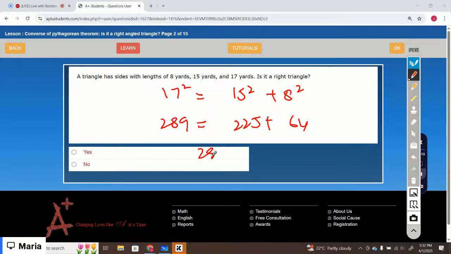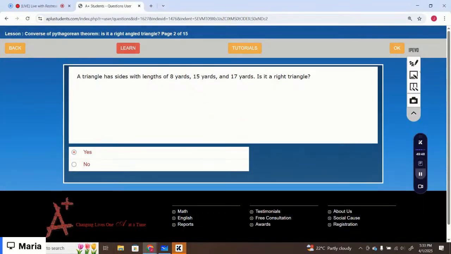So both sides are exactly equal, so yes, it is a right triangle.